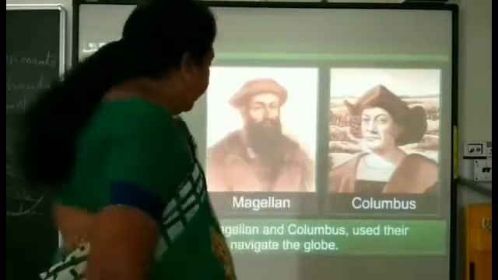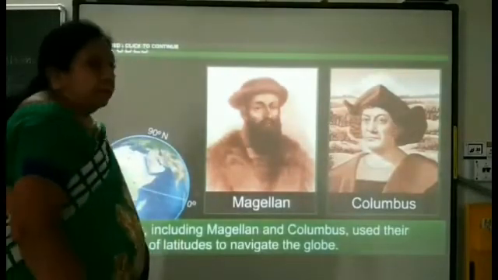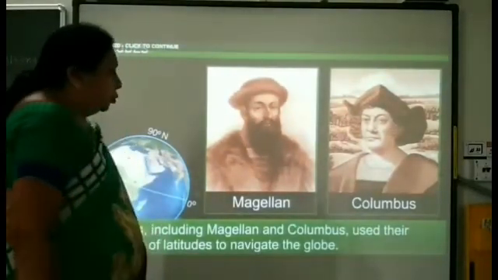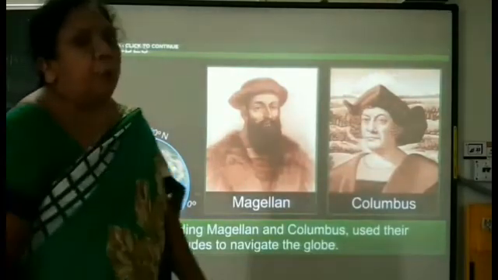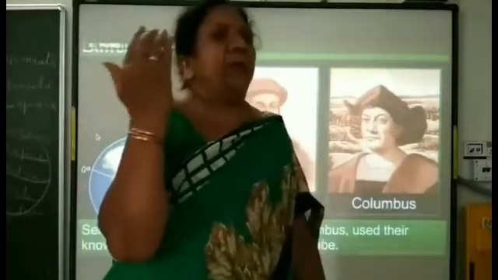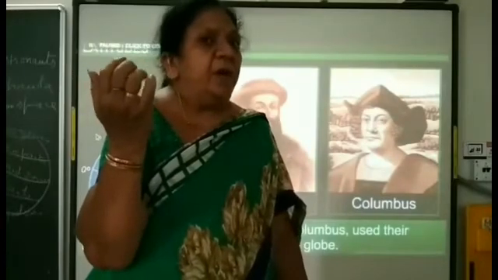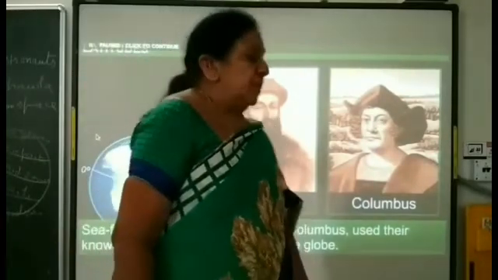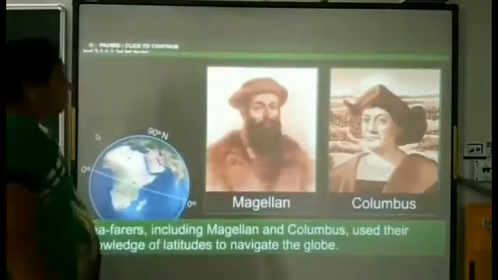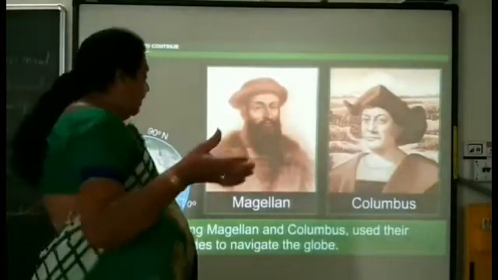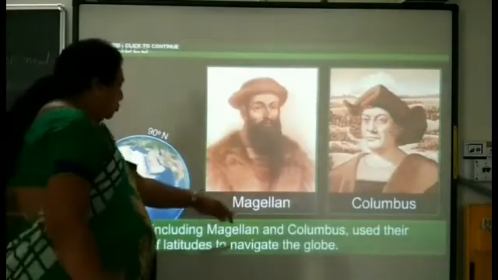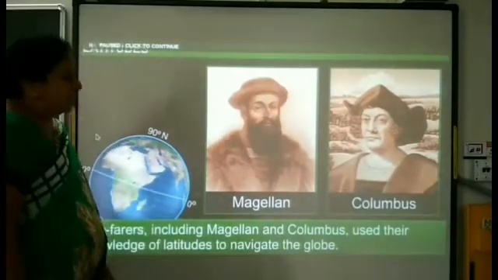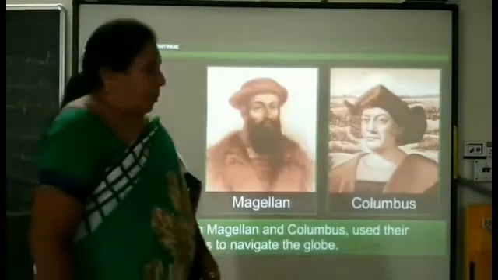They found that our earth is round, and they also showed us how to navigate the globe with the help of latitude. They roamed all over the world by sea routes. They told us about the degrees and where places lie. So these two persons gave us the knowledge of latitude.